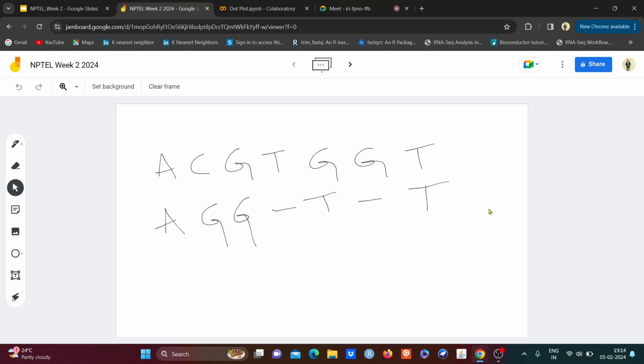So here I have mentioned the sequence. In the first case, let's consider like this.